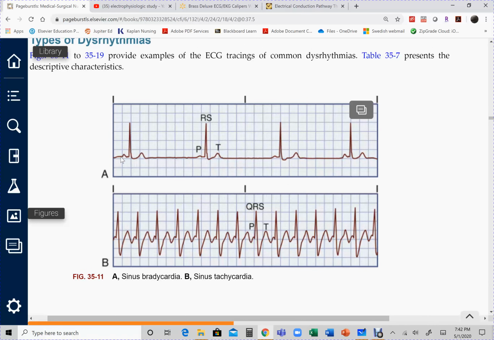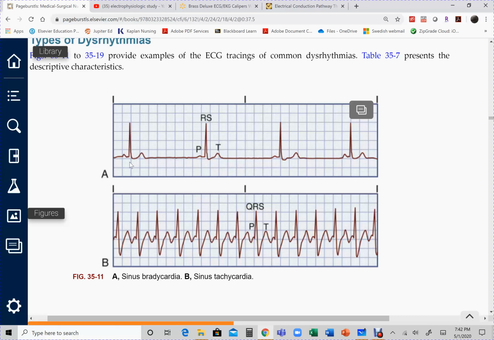And if I measure my PR interval from here, so this is the start of my P, and this is the start of the Q, this is about 1, 2, 3, 4, 5. There are 5 small blocks there, which is between 0.12 to 0.2 seconds. So it's normal. My PR interval is normal.